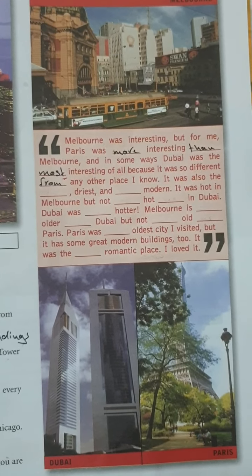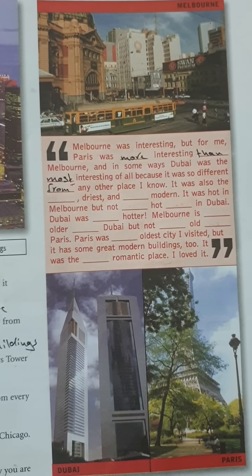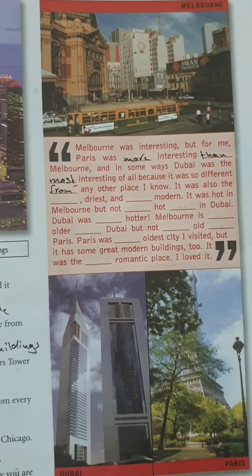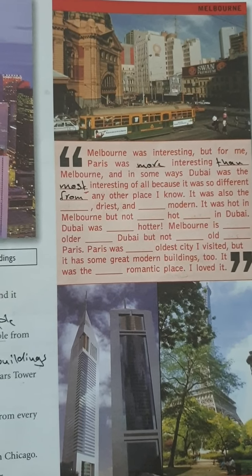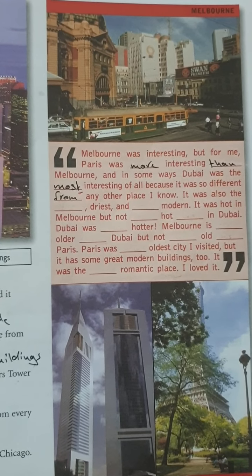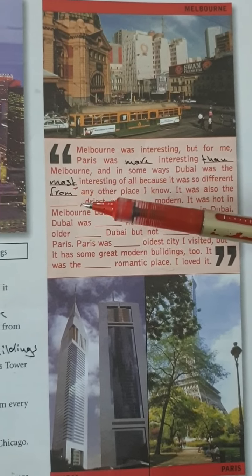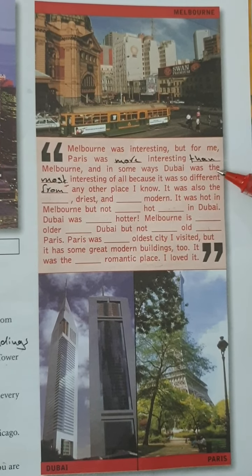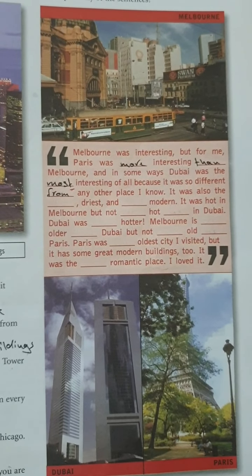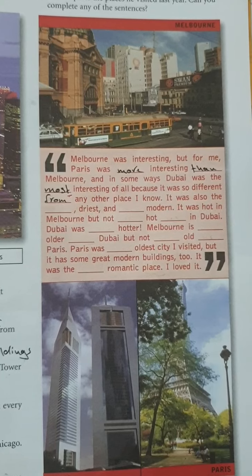And before superlative يعني قبل صفات المفاضلة we should use the. وبما أنها نفس الصفة اللي هي متكونة من 4 مقاطع so we use most. It was so different from any other place I know. And different from مختلفة عن. So you have to complete the rest of the paragraph.